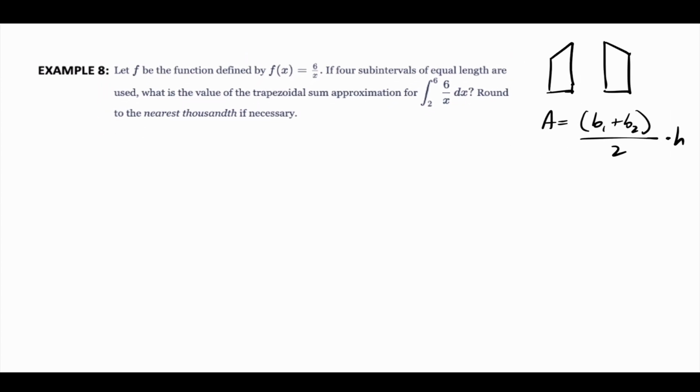The height is going to be the width. Base 1 is usually the shorter side. Base 2 is usually the longer side. But they're interchangeable. You're just adding up the two sides.